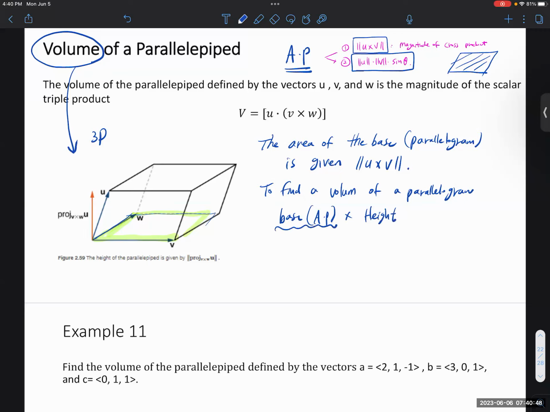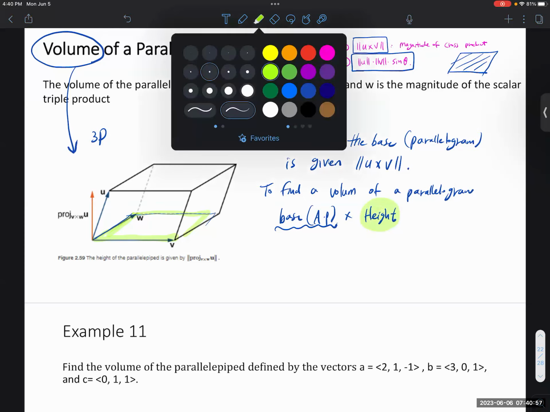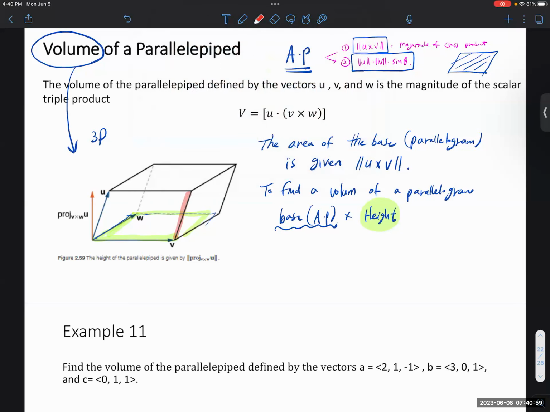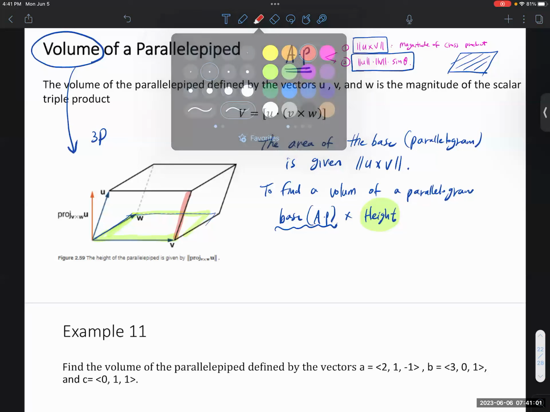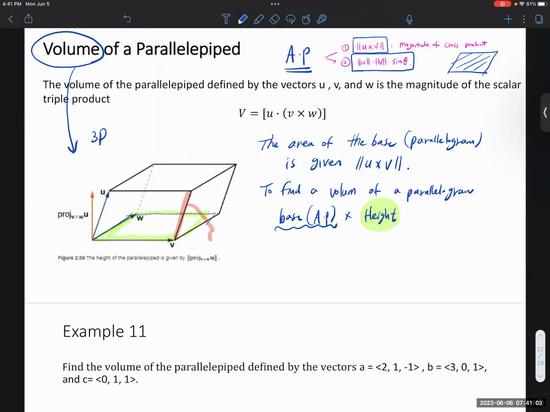So we already know the base, and how to find out the height, that's a question mark. Because in the parallelogram, this is not the true height. This is not the height we're looking for. The height should be a straight line. So how to find out the height?